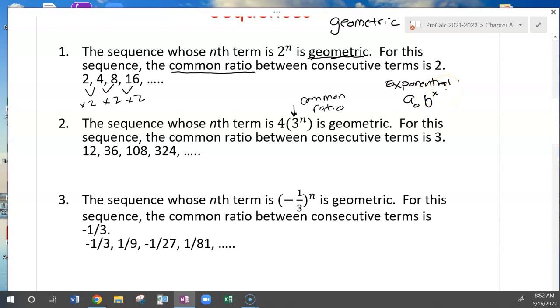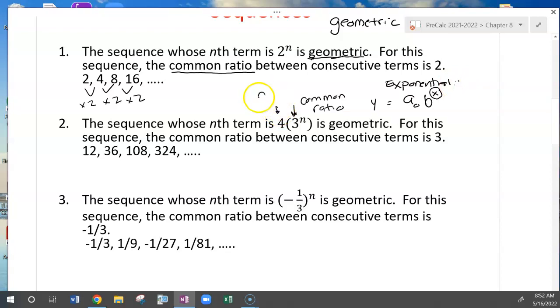And then, instead of using x, we're using n. And this will be y of x, or just y. So you would plug in x and then generate your values for your exponential function. Works the same way when it's geometric.